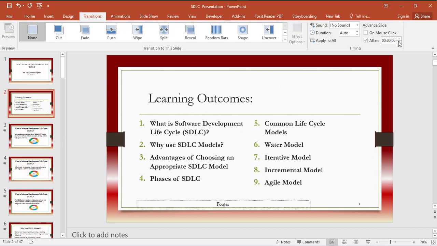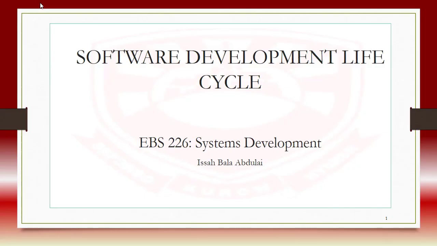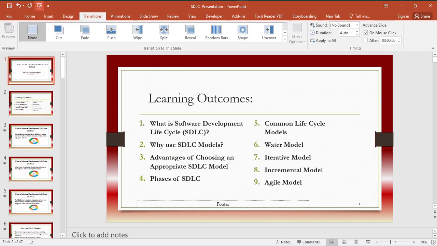So let's set our time to, let's say, 2 seconds. Now let's go to our slideshow and see what will happen. Okay, now we have not clicked anything. Let's see if the slide will change. Okay, that is 1 minute. Let me change it.